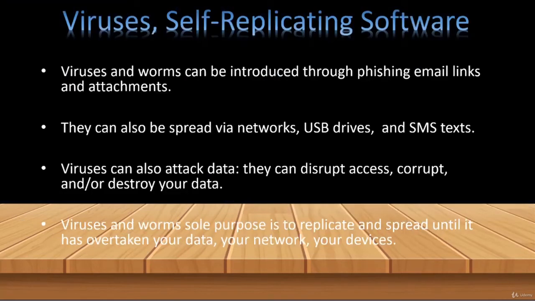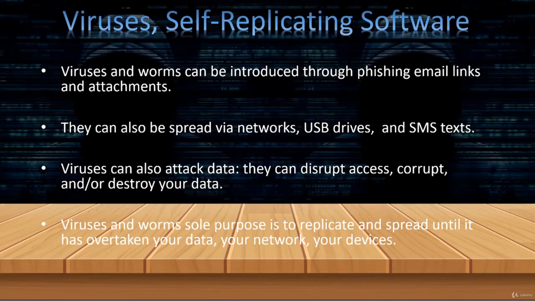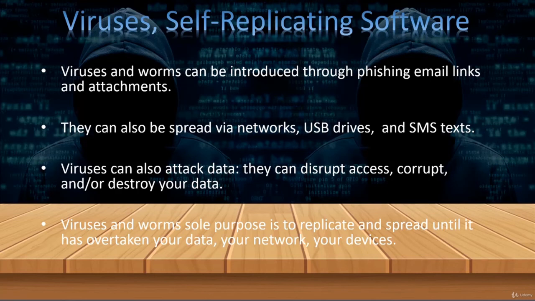Although we've talked about phishing and attachments, know that this is one of the easiest ways to introduce viruses onto your computer or network. Viruses will attack and corrupt data on an infected machine. Since worms and viruses are designed to replicate and spread, it is very important to have security tools in place to prevent it from spreading and making the problem worse.